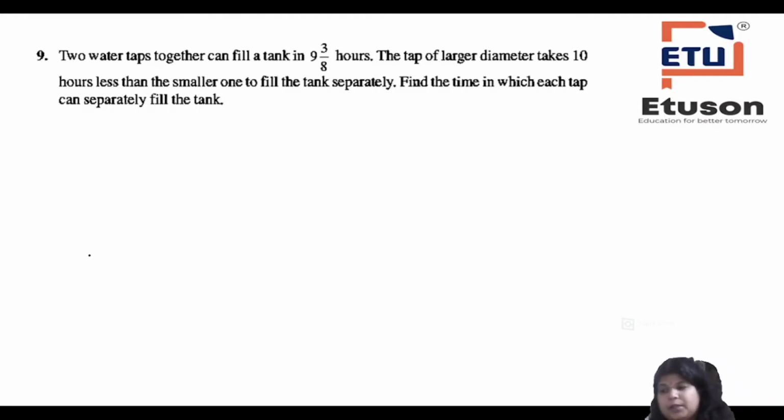Okay. So according to the question, let the time taken by a smaller tap be x.